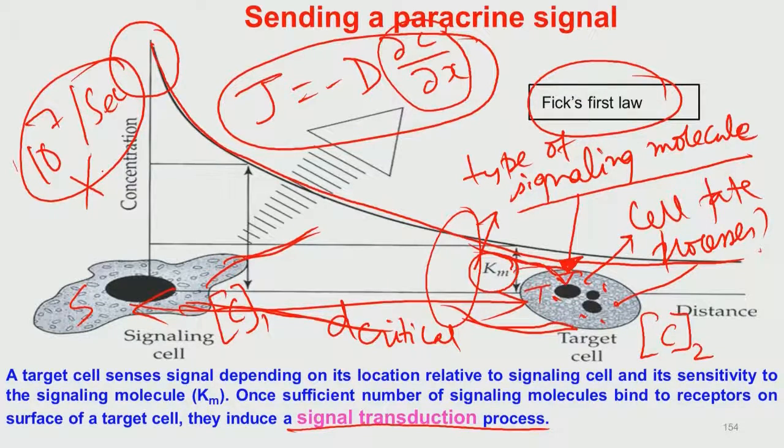Threshold signal strength can be a few thousand molecules per second, and the critical distance of separation can be around 200 micron. If the separation distance is more than 200 micron, then the target cell will not receive a critical number of signaling molecules, so the signal transduction process will not be activated in the target cell.